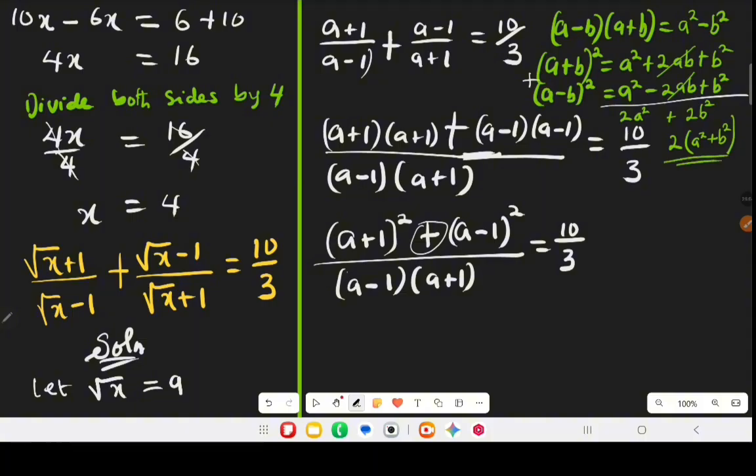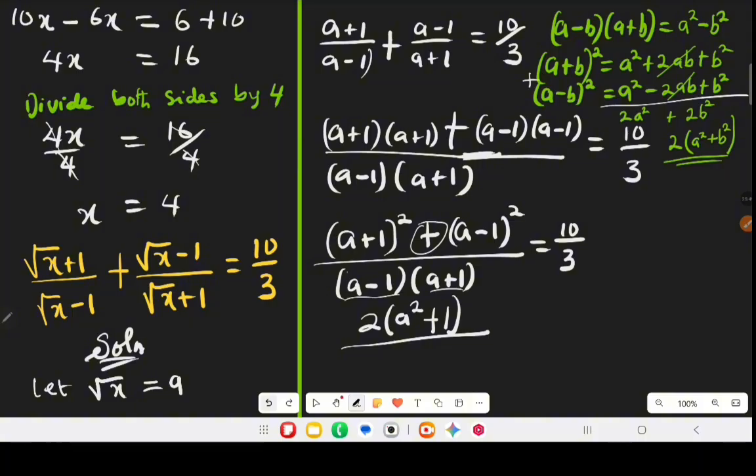Our numerator will change to 2 into a, remain our a squared, while b is representing 1, plus 1 squared, and 1 squared remain 1. All over, we check the denominator. The denominator here is representing this, and the answer is difference of 2 squares, which is a squared minus b squared.